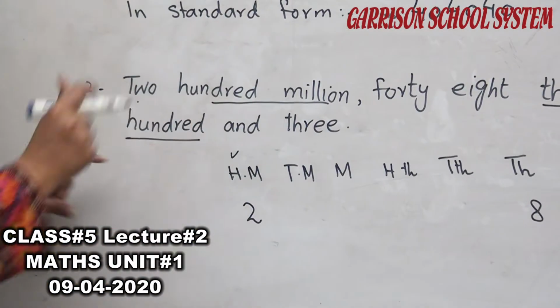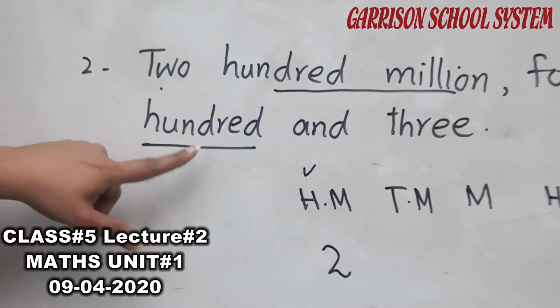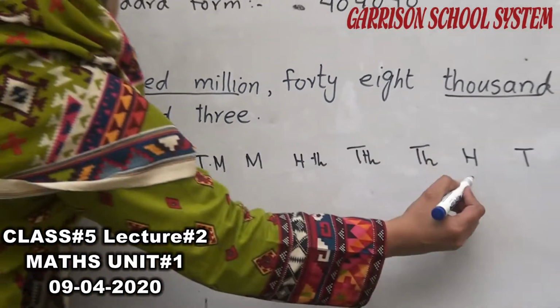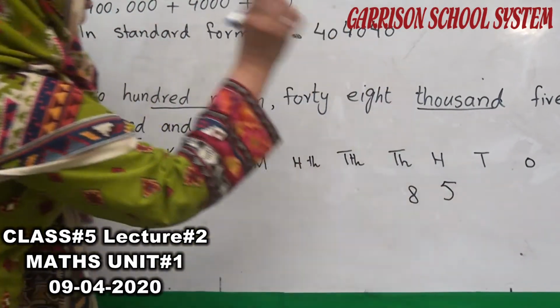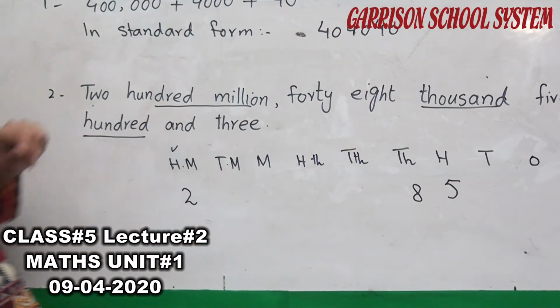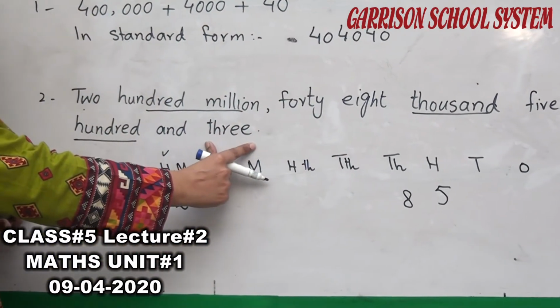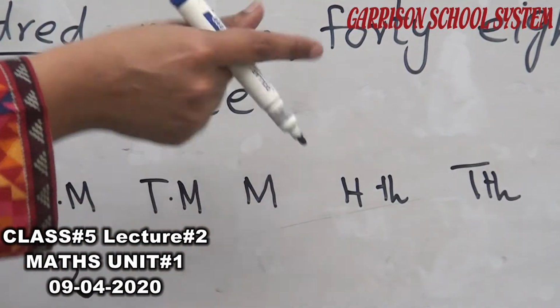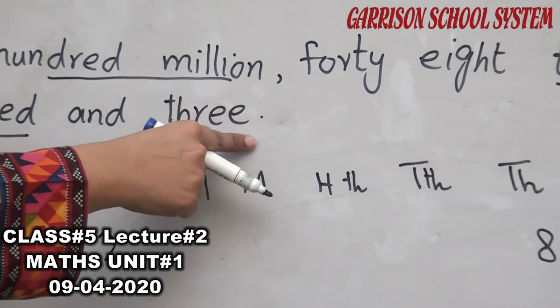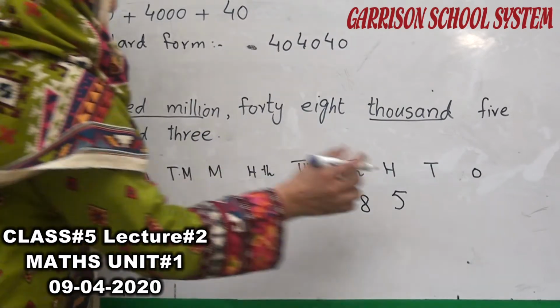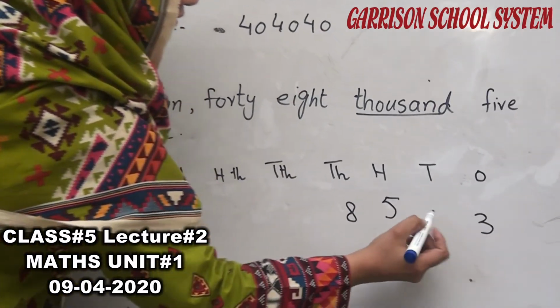Focus on this word. This is 100. We will write 5 at the 100 place. And 503, and 3 is the single digit, so it should come in the ones place. 3 will be written here.